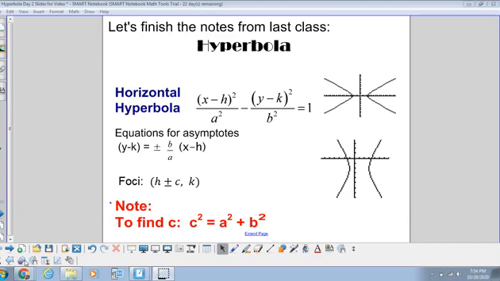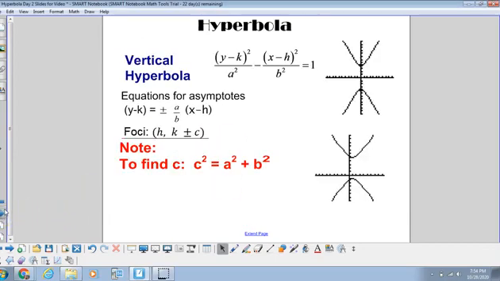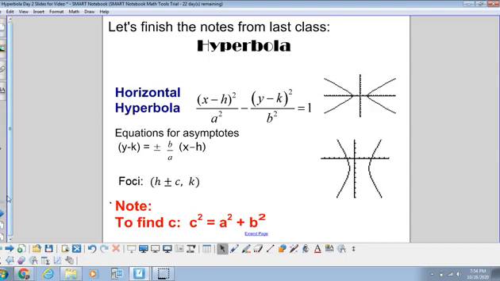And the foci are found here in exactly the same way that we found them for the ellipse. When it's a horizontal hyperbola, we find the foci by doing h plus or minus c, k. And when it is a vertical hyperbola, then we find the foci by doing h, k plus or minus c. And we find them the same way because the idea is the same.